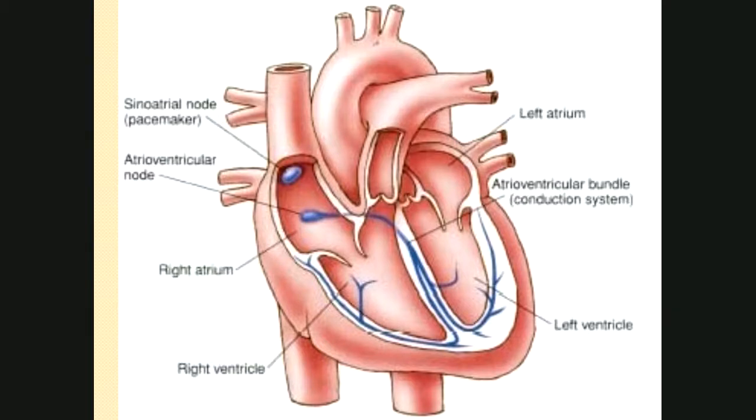In other words, it delivers the action potential much, much faster than it would if we went from cell to cell to cell. It's called the conduction system of the heart. And again, it's like a superhighway.